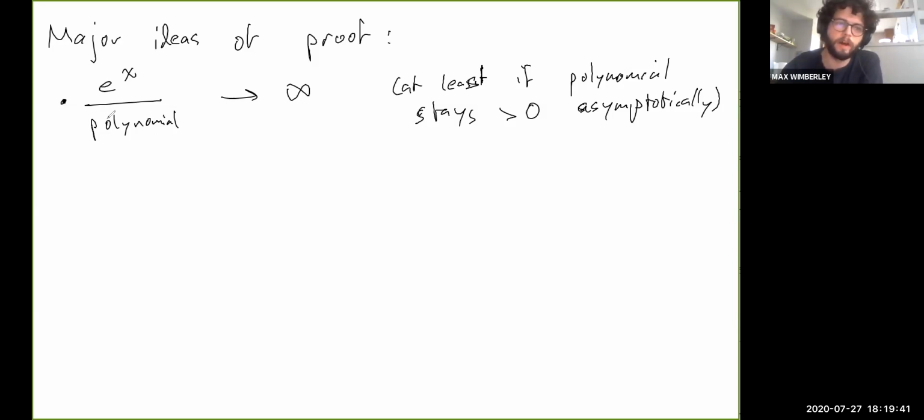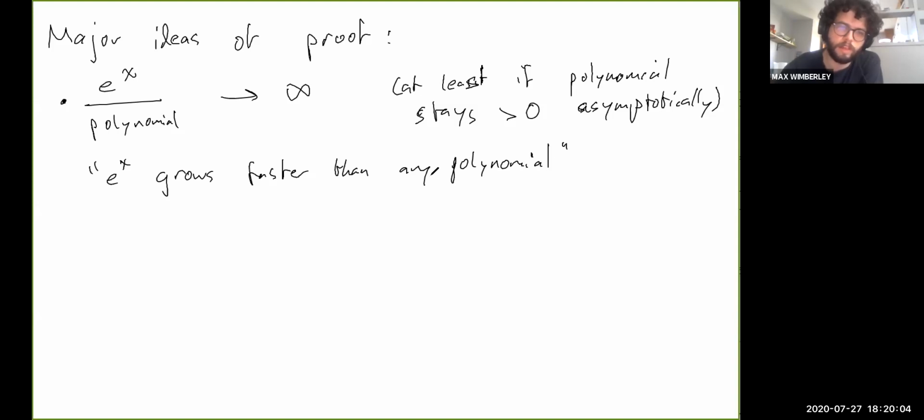So these are polynomials that grow towards positive infinity. The whole point is that e to the x just grows faster than any polynomial. That's the spirit of this. So e to the x grows faster than any polynomial. Okay, that's one of the ideas.